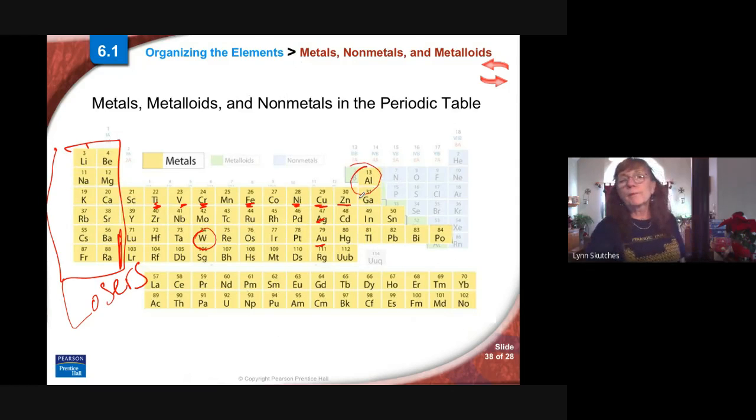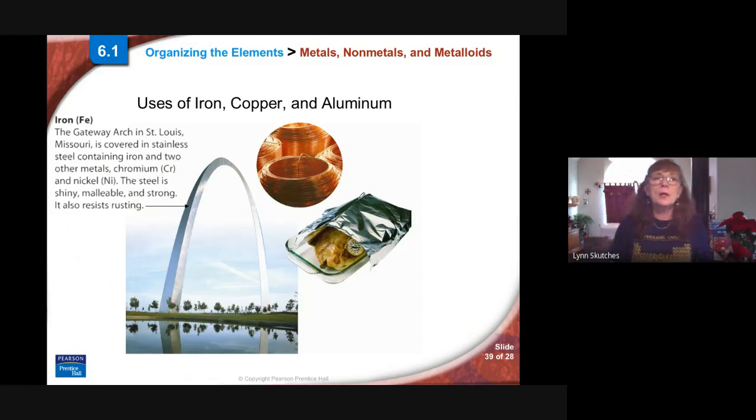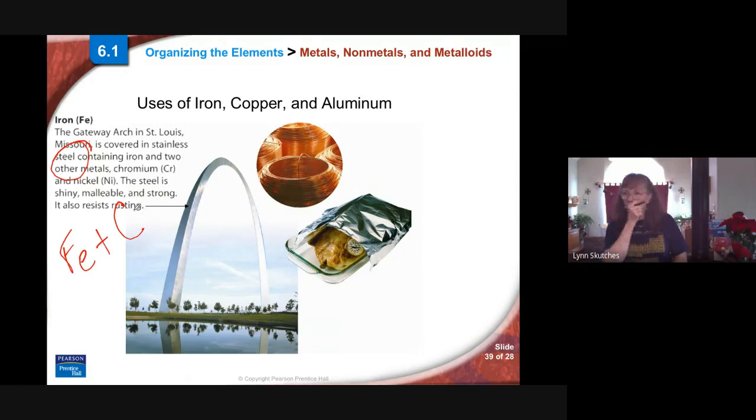Duh. Okay. So iron, you look at that and go, oh, that's steel. Well, guess what? Steel is simply a mixture of iron and carbon at the bare minimum. There's high carbon steel, low carbon steel. Mild steel is the term for low carbon steel, so those of you that are into welding and stuff may be familiar with that.